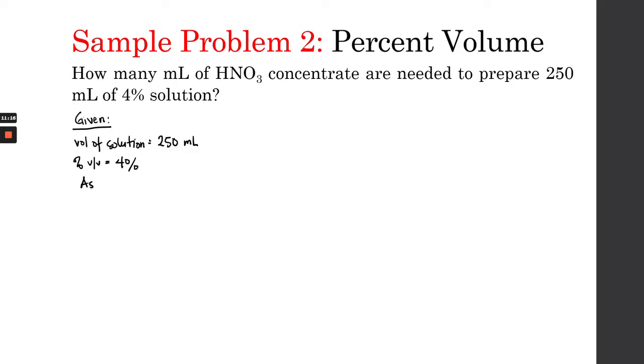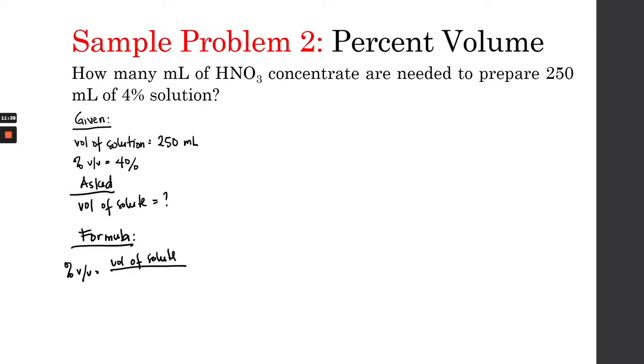What they're asking us is how much volume of solute we need to create this solution. If you guys remember the formula, percent volume is equal to the volume of solute divided by the volume of solution, multiplied by 100%.